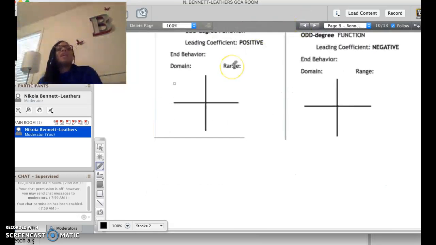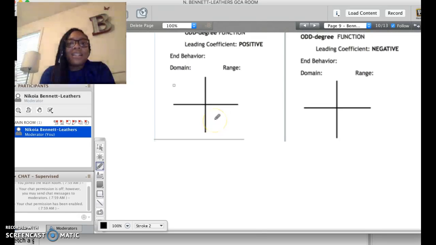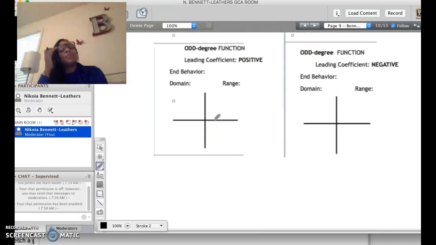Moving right along, we looked at odd degrees. We noticed polynomials with odd degrees did the opposite. So their end behaviors did not go the same way. They went opposite directions.